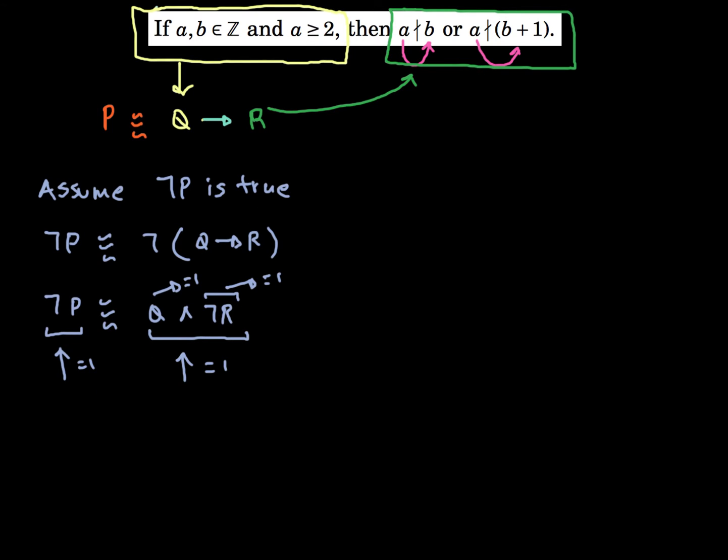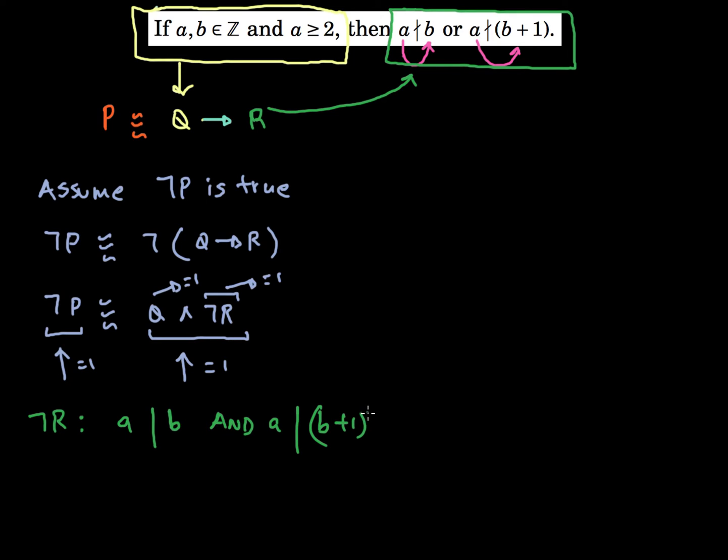If R is this entire piece in the green box, then not R is telling you that A does divide into B, because we're going to the negation of this. This entire piece over here is R. Not R, the negation of which, is A divides into B and A divides into B plus 1.